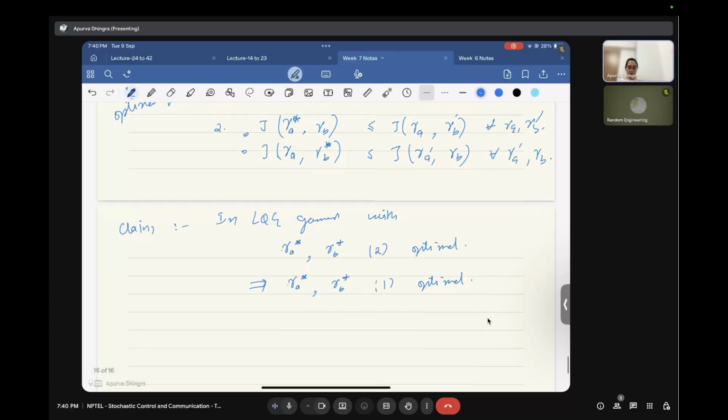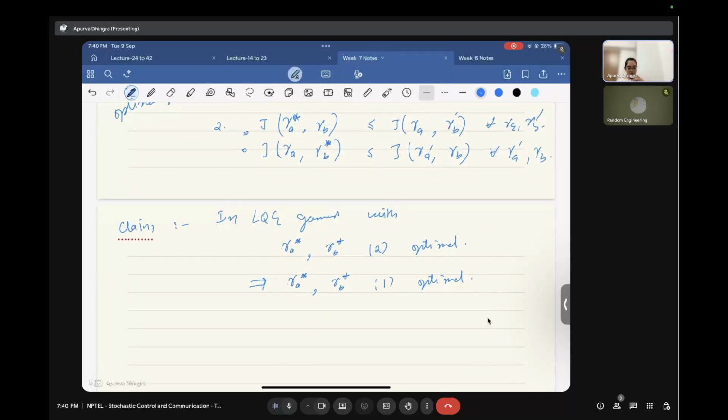This part I'm not going to prove, but what I am going to show is that the structure of this gamma A star and gamma B star actually is linear. So both of them are of this kind: gamma B of A is something linear, some gamma A transpose, which is nothing more than a vector, times A. And similarly for the other.